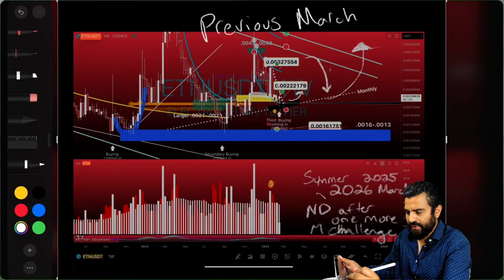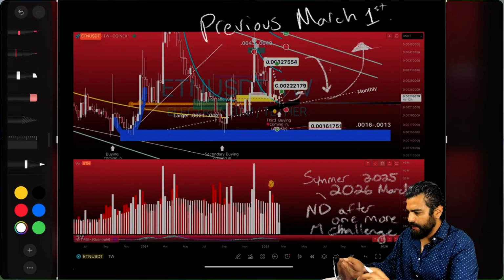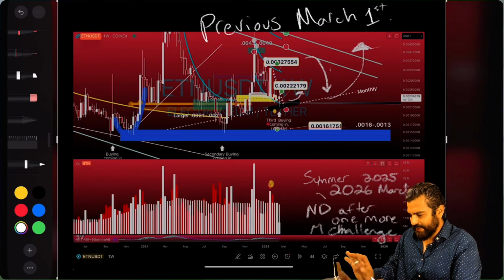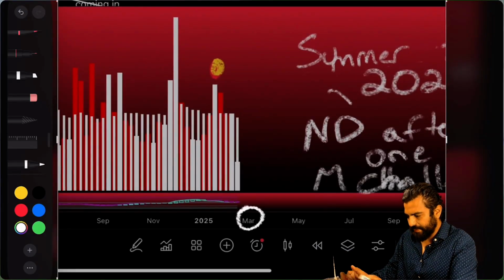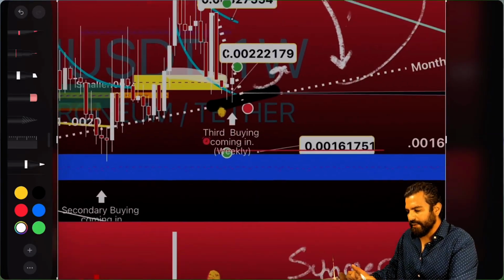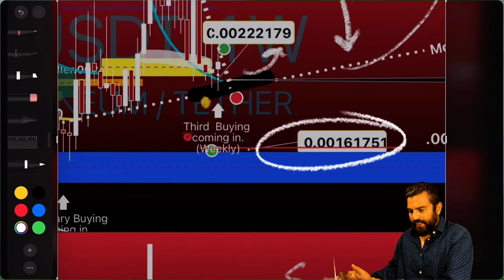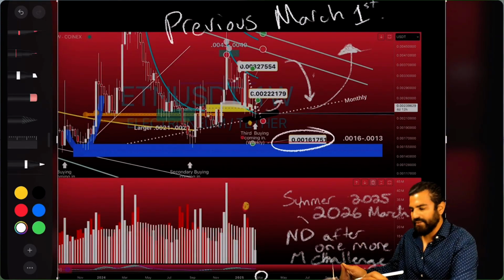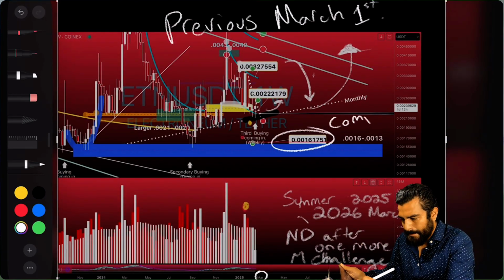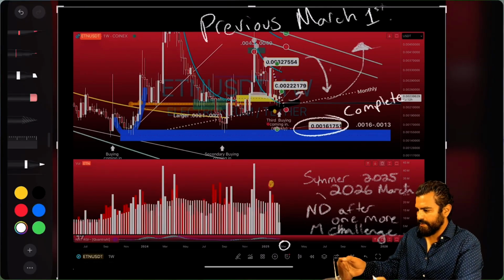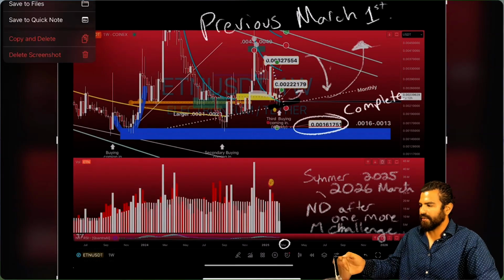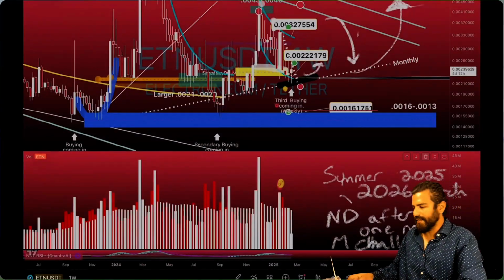I'll just say March 1st. Okay. I don't know the exact date, but somewhere around March 1st. Okay. And we know we are looking to come to these prices. So now we're there. So this is now complete. Okay. So this is back in time. This is an old chart. Okay. So you guys got it?